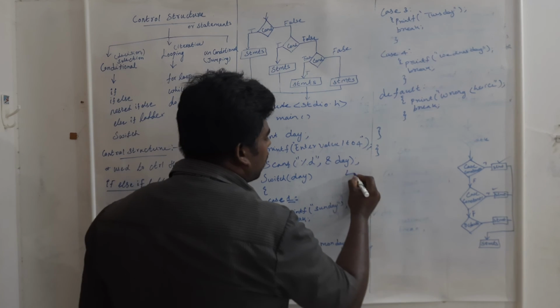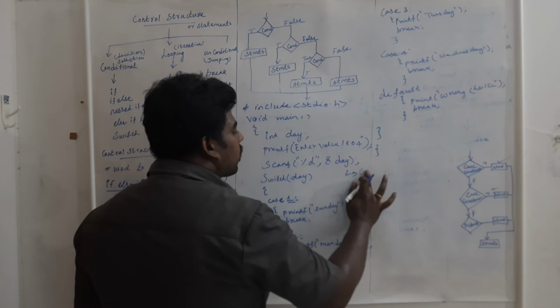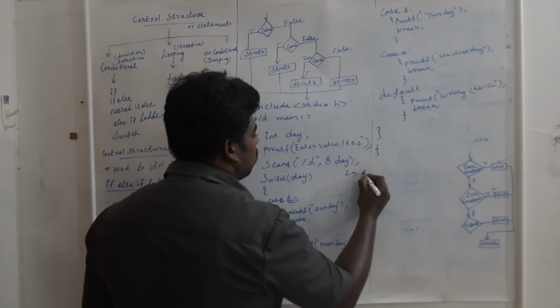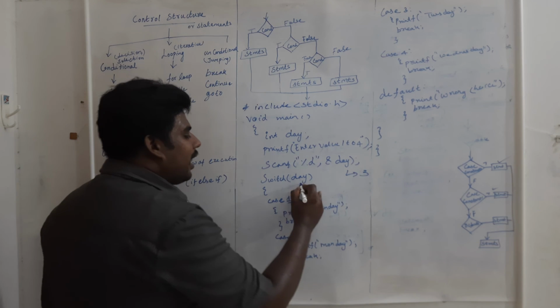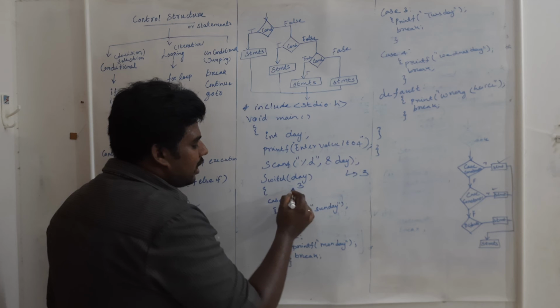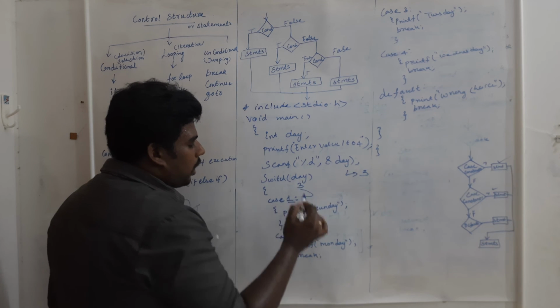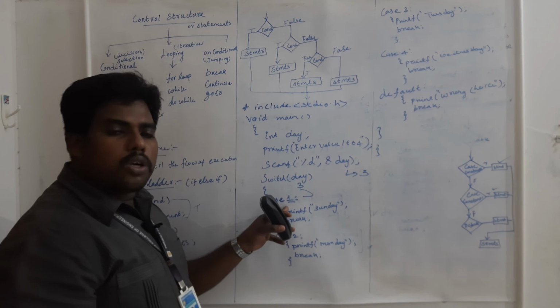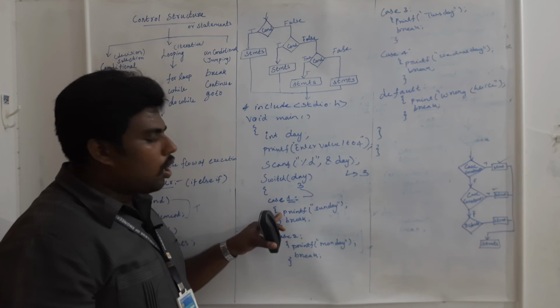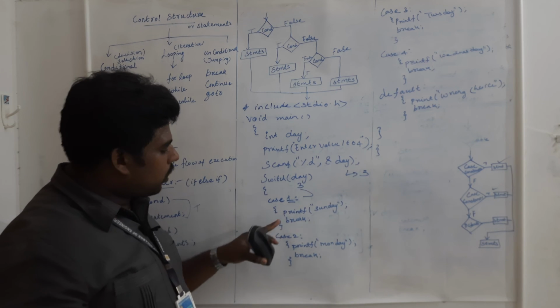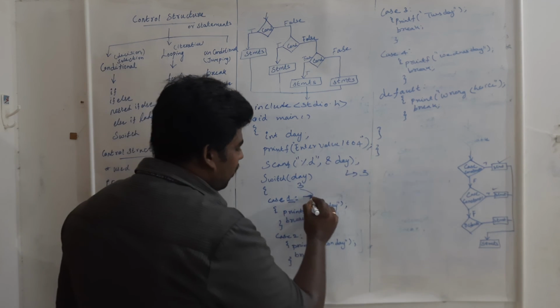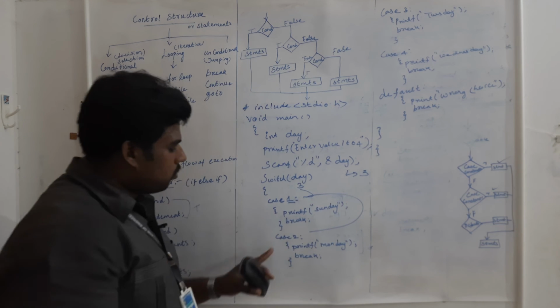Suppose your input is 3, what will happen? Here day is 3. This 3 is compared with case 1. Whether 3 is equal to 1? No. So it won't print Sunday. It will come out and then be compared with case 2.